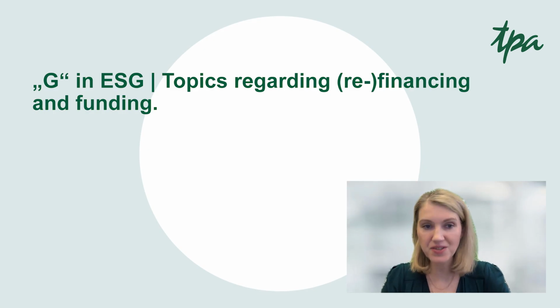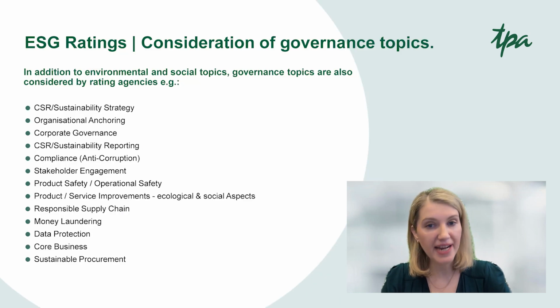Let's move on to the next chapter, governance aspects regarding financing and funding, ESG ratings. ESG ratings assess the ESG performance of companies. In addition to environmental and social issues, the rating score also includes governance topics. The weighting of the different topics can vary depending on the rating agency.